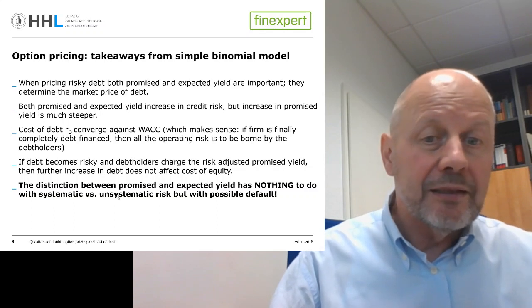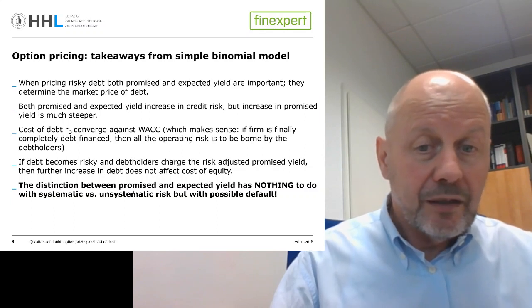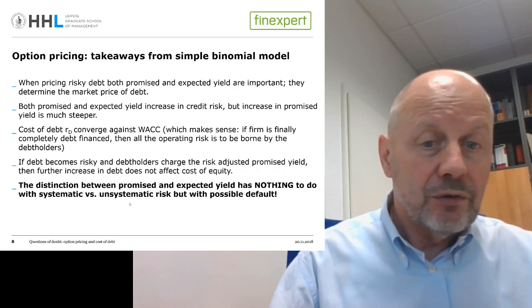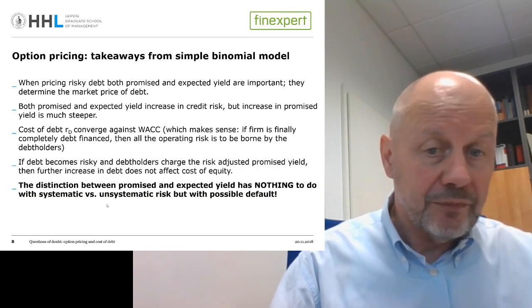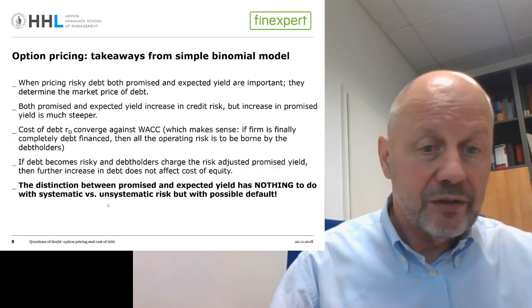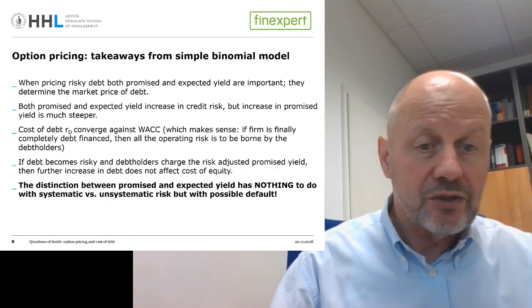It is completely independent. And the reason why I say this is that currently, in the discussion, many practitioners relate the distinction that we just learned between promised and expected yield to the systematic and unsystematic risk stemming from the capital asset pricing model. This is not true. The two things have nothing to do with each other.